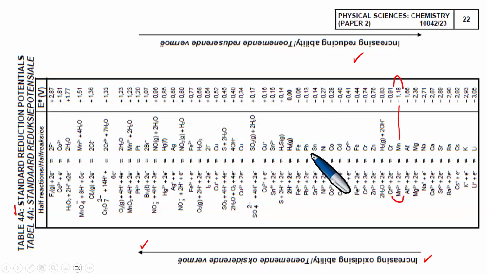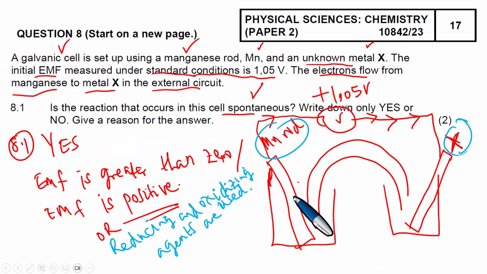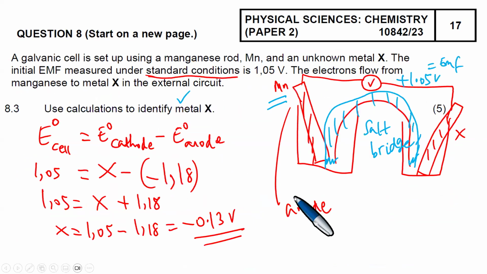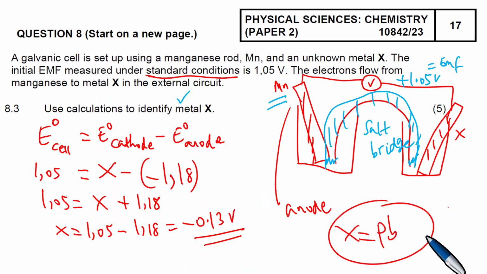There it is. It is lead, Pb. Minus 0.13 is lead, which is Pb. So which means that X is lead.